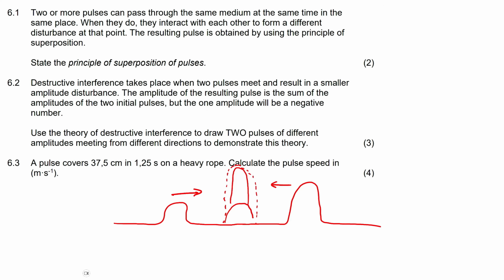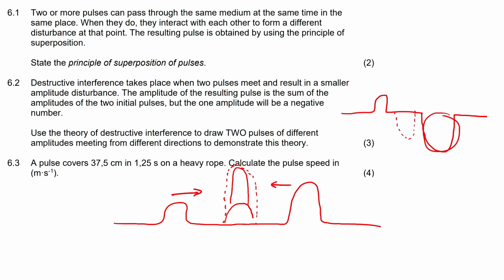That's pretty straightforward. And then we also know that if one of them is above and the other one is below, then when they meet each other somewhere over here, you're going to subtract their amplitudes, and you're going to end up with a pulse that's a little bit smaller, maybe like that, dotted.